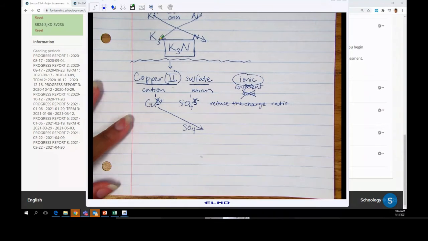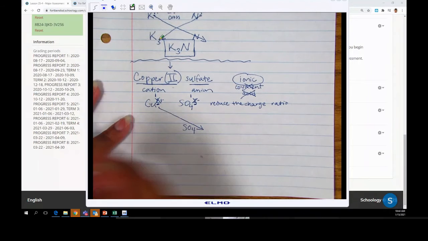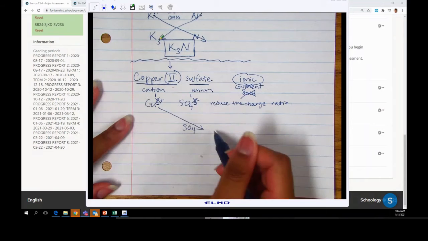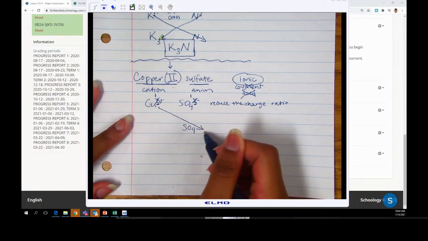There's been a lot of questions about when do I use the parentheses and when do I not. You'll have to use the parentheses if the number that you're bringing down behind a polyatomic ion is going to be a number other than 1.